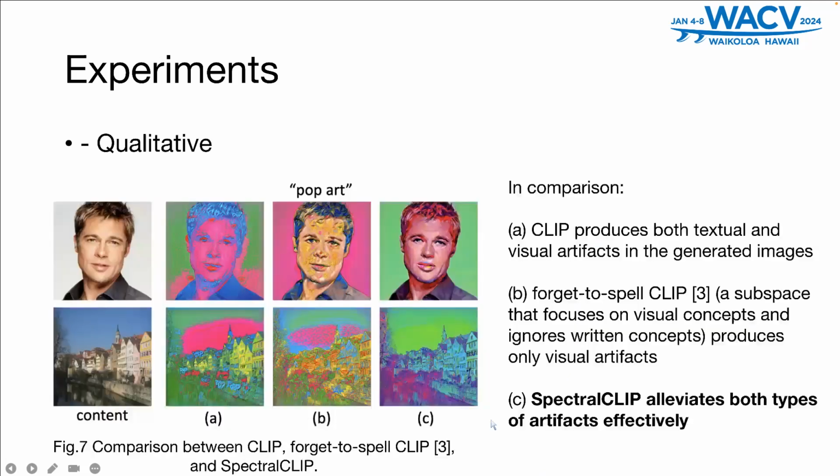We further compare SpectralCLIP to CLIP and Forget to Spell CLIP, which is a subspace that learns only visual concepts and ignores written ones. As we can see here, CLIP leads to both textual and visual artifacts, and the Forget to Spell subspace of CLIP avoids textual artifacts effectively, but not visual artifacts. In comparison, SpectralCLIP can prevent both types of artifacts effectively.